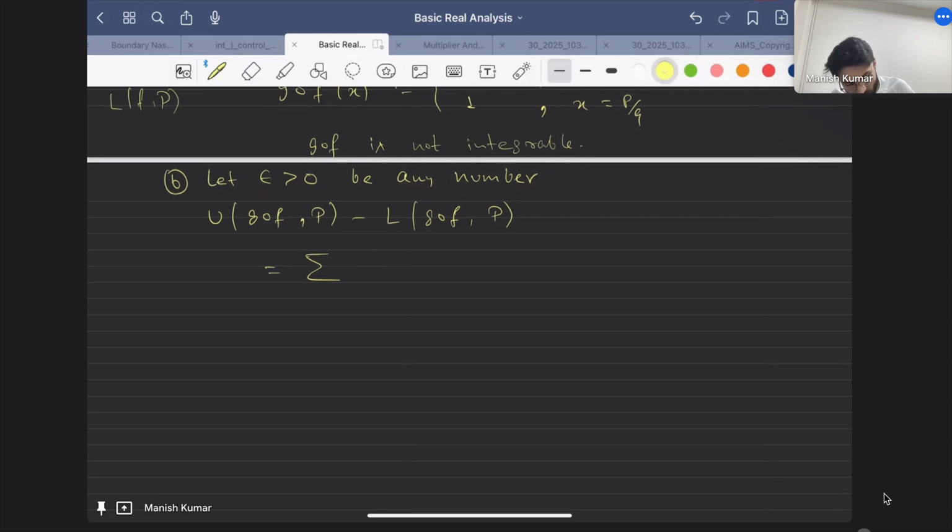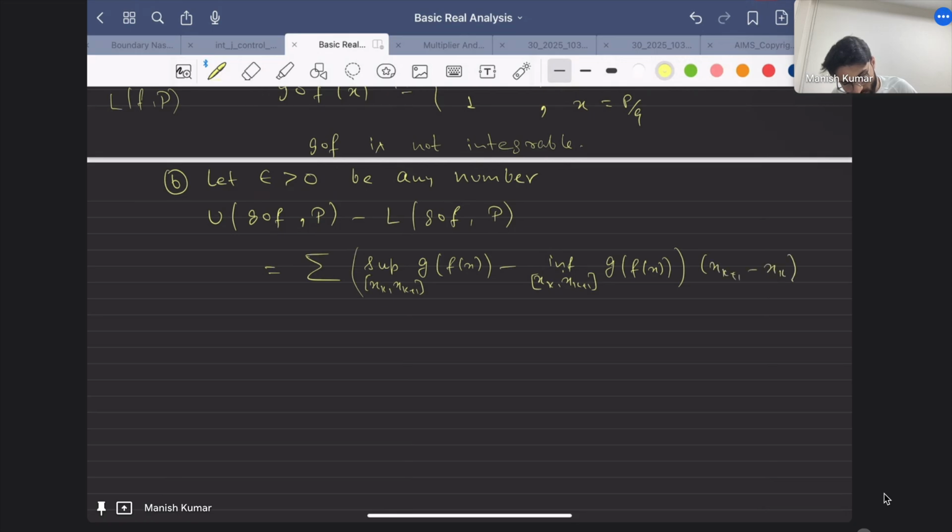Let me write g of f(x) over xk to xk plus 1, minus the supremum over xk to xk plus 1 of g composed f, infimum, and then xk plus 1 minus xk.